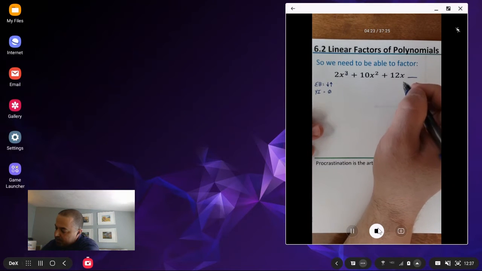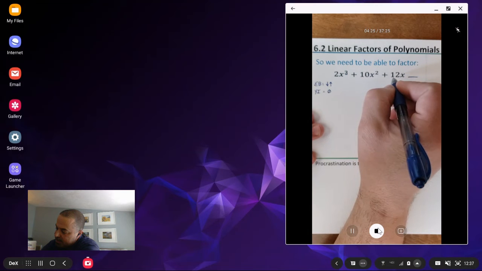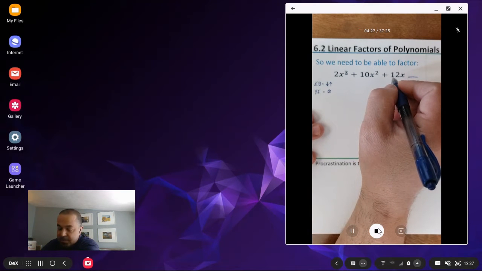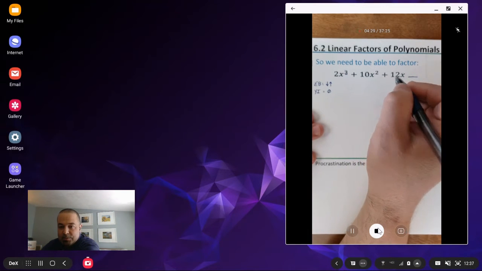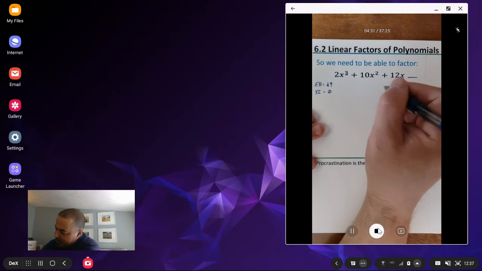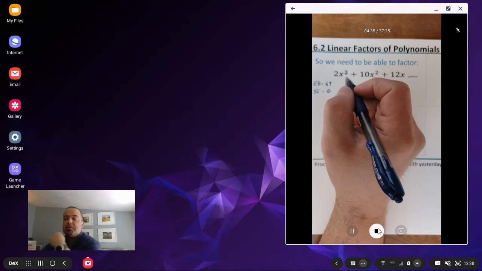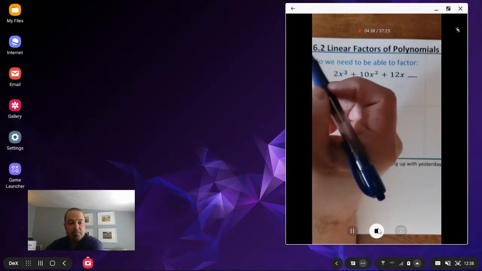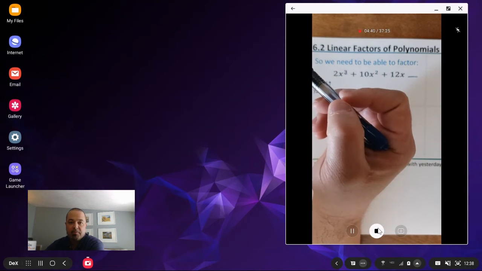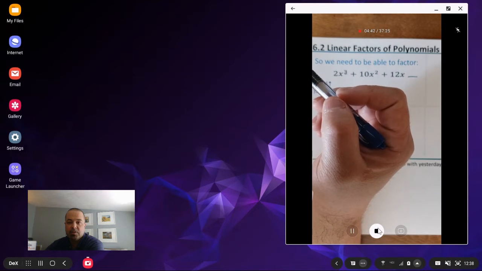No problem. So I look at this and I say, all right, well, it's a lot. Maybe there's a greatest common factor here. As we've talked about before, when I'm looking for a greatest common factor, I am looking for two things. Does every term have a letter, or does every term have a number?